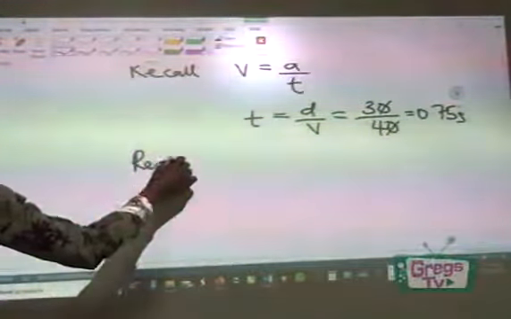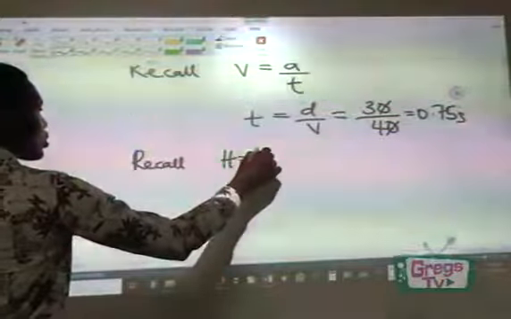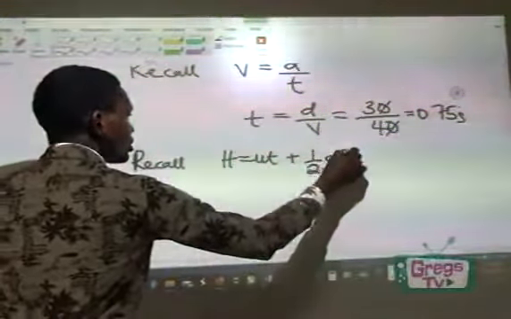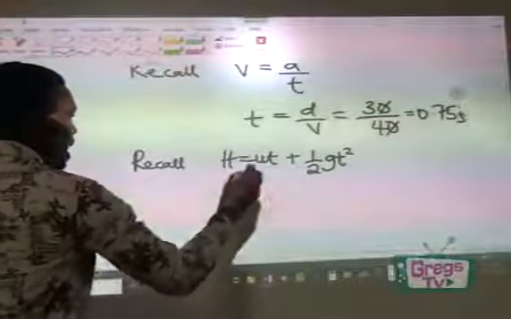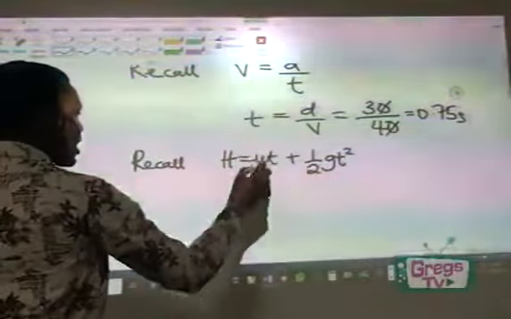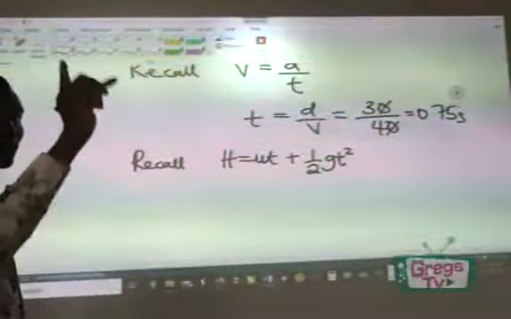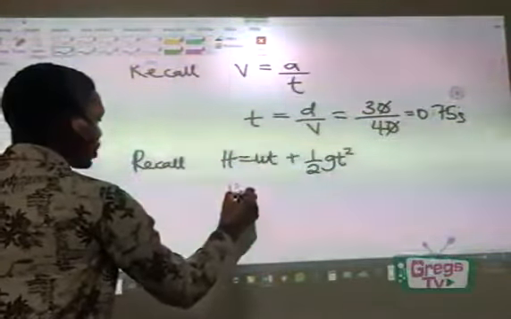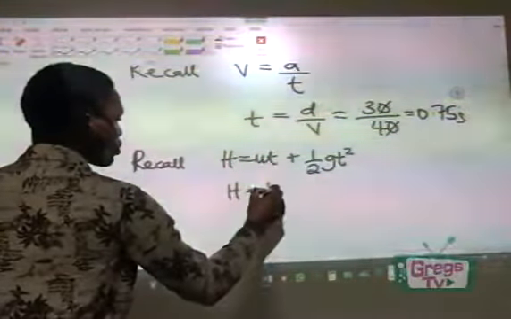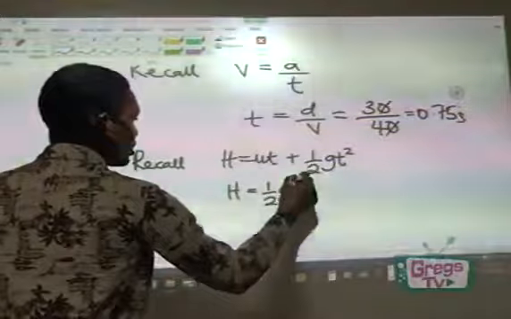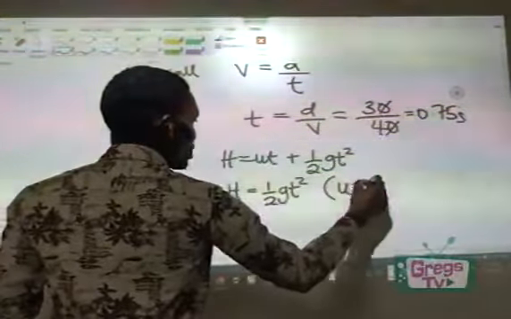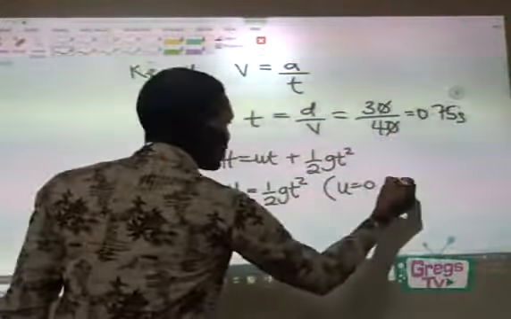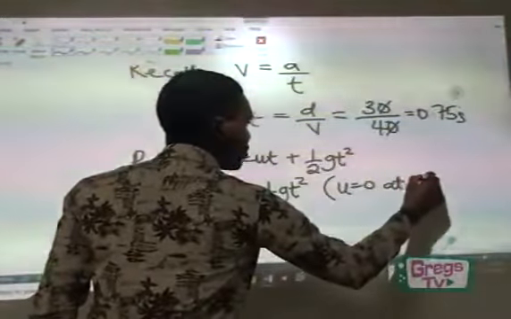And the moment I have that, for my height, recall that h equals ut plus half gt squared. My speed here, talking about the vertical component, will be 0 at the maximum height. So h equals half gt squared, since u equals 0.